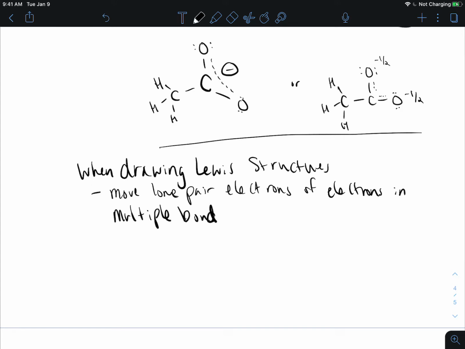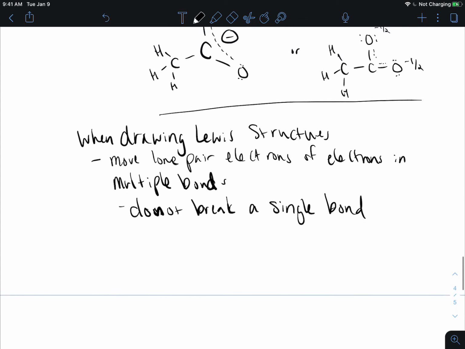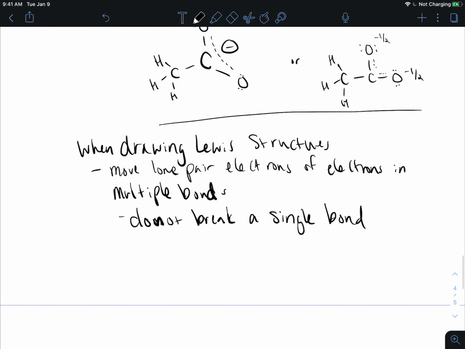We are not going to break single bond electrons. So we're not going to break an actual single bond, and we're not going to stop atoms from being bonded to each other.